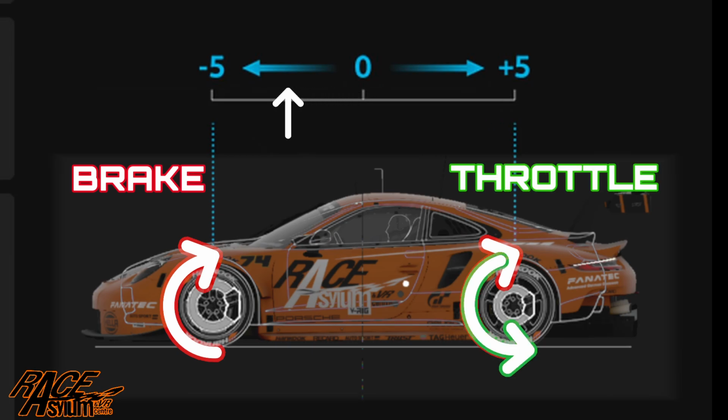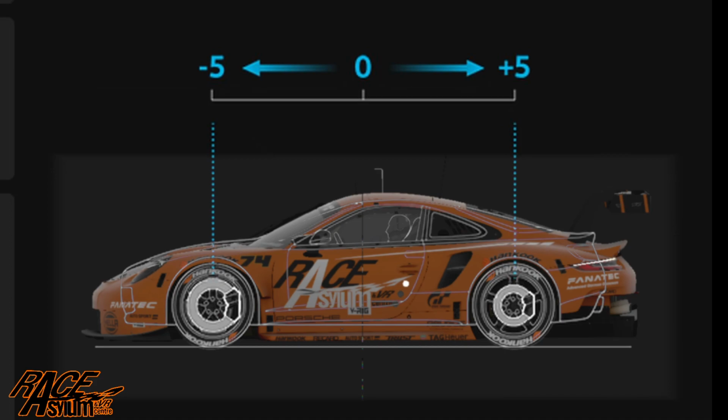Now, when you apply throttle and brake on the rear wheels, these actions cancel each other out, which leaves you only with a braking force on the front wheels. This helps you to basically almost essentially pull a handbrake on the front wheels. This will overload the front tyres, it will make them slide, and it will start to straighten the car out.